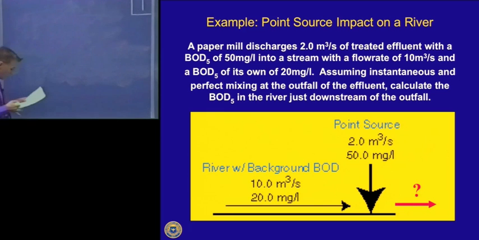So what is the rate at which mass is entering the river, the BOD mass? You've got two sources, two inputs, right? One is upstream, and one is from the paper mill. And we're looking just downstream of the outfall, right? Two inputs, right? So how would I represent the rate of BOD mass entering the system here?